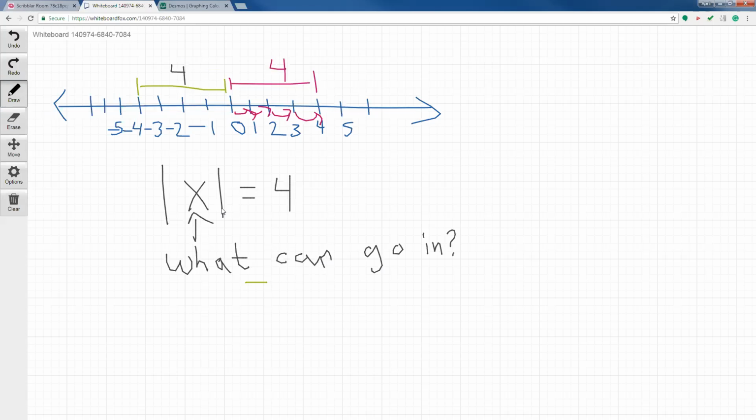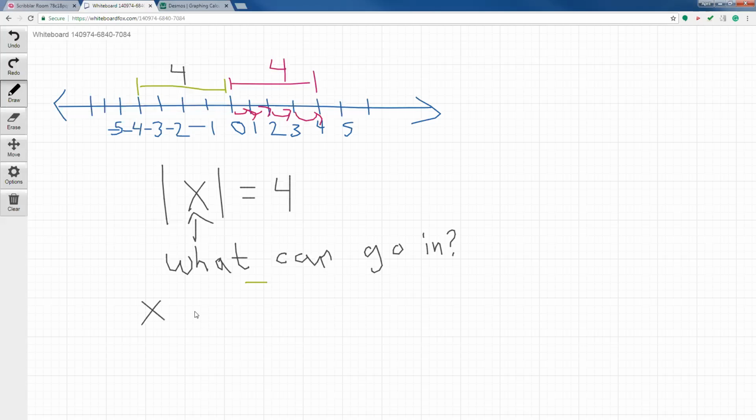So what number could we put in that spot so that your answer is a 4? What is it that we put in the box? Right now it's just one number. What one number could you put in the bars to come out 4? 4. That's one possibility.